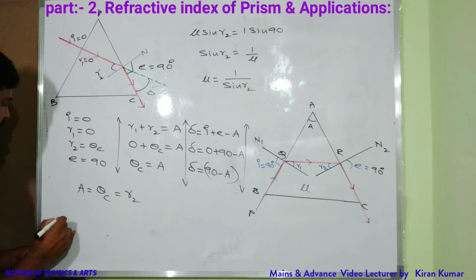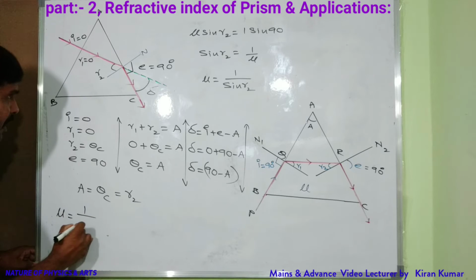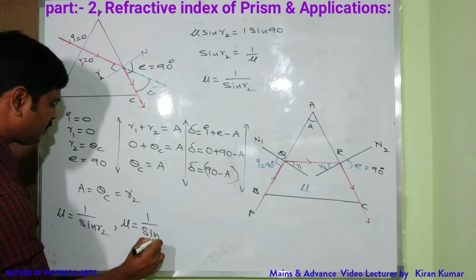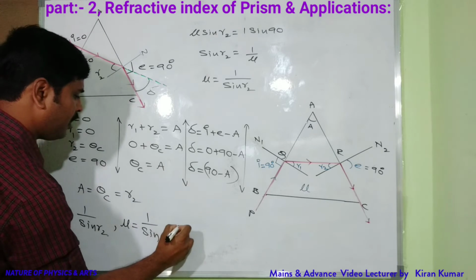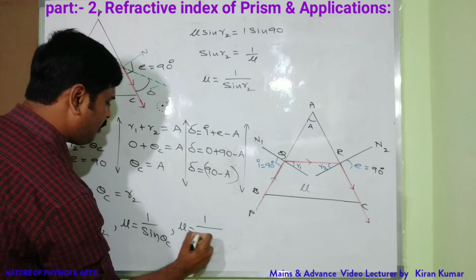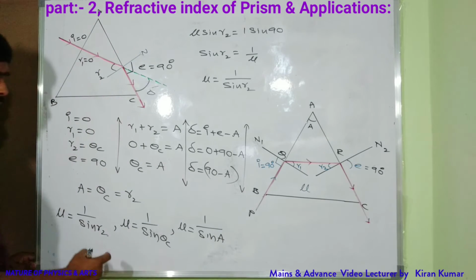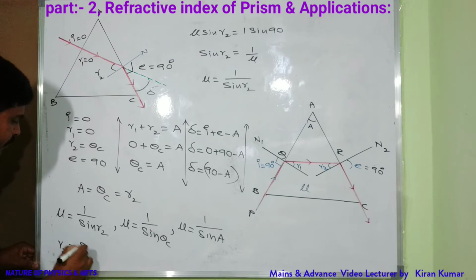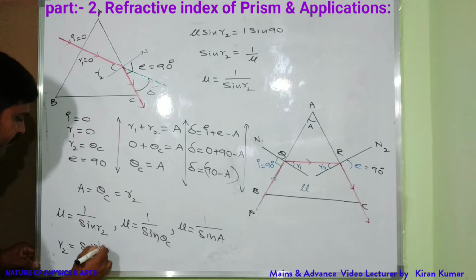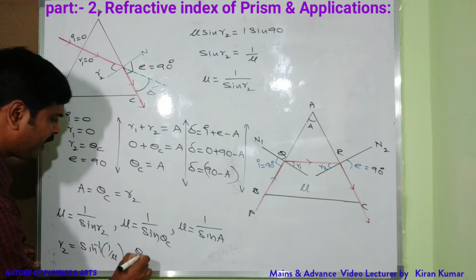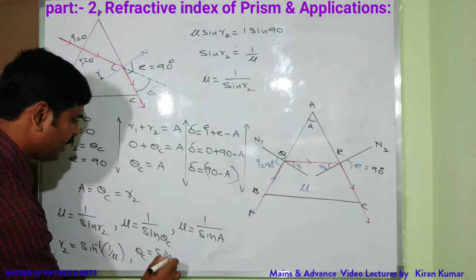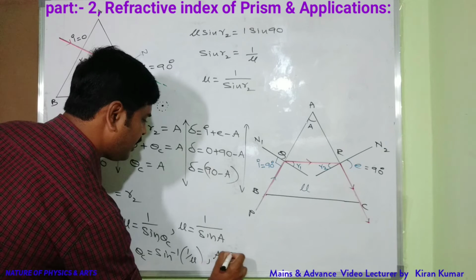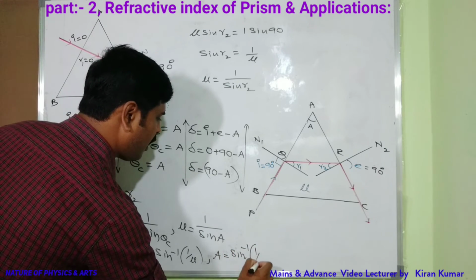Now taking the values in the above equation, we will get different equations. The first relation is mu is equal to 1 divided by sine r2, the second relation is mu is equal to 1 divided by sine theta C, and the third relation is mu is equal to 1 divided by sine A. Based on this equation we can write the r2 value as sine inverse of 1 by mu, theta C as sine inverse of 1 by mu, and also A as sine inverse of 1 by mu.